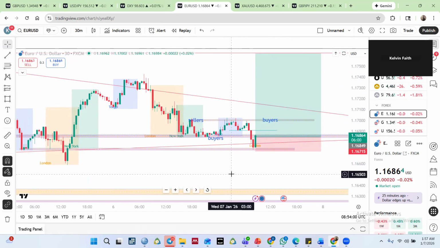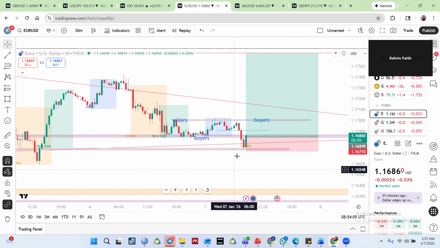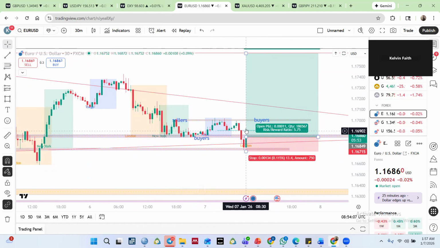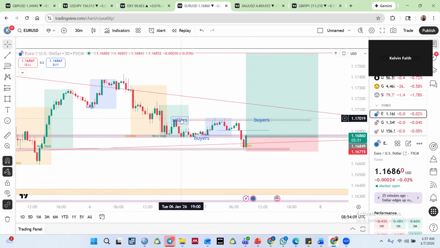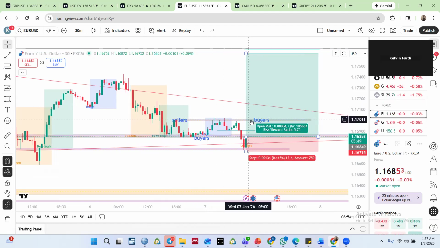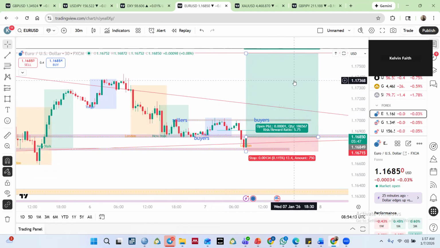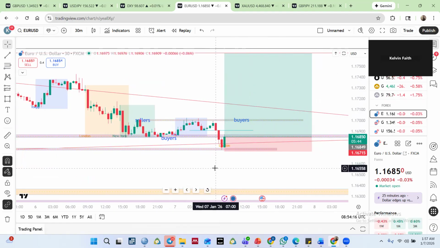But first, there are two ways to get an entry for this trade. One is to wait for price to move up, close above this internal buyers, sellers, retest it, then you take an entry. This is the proper way.